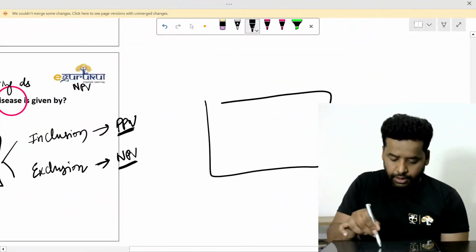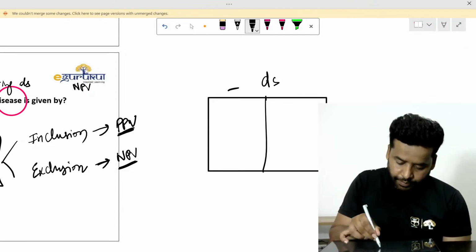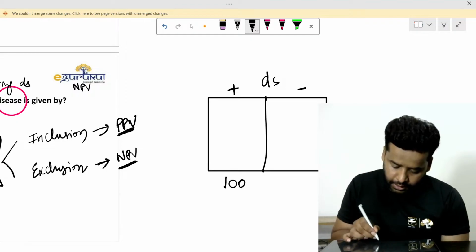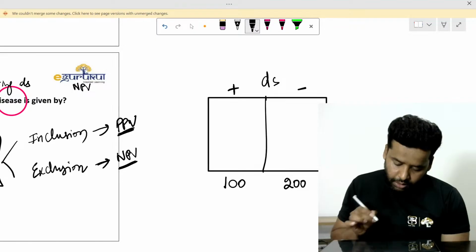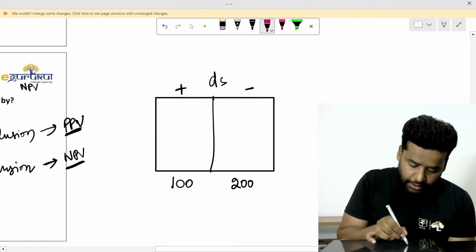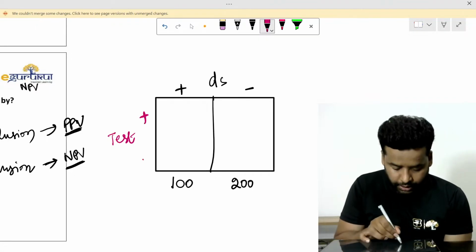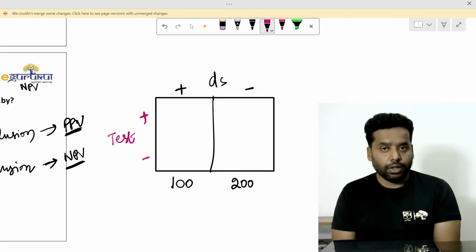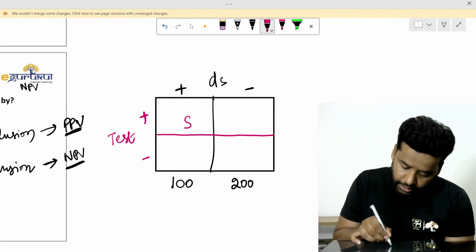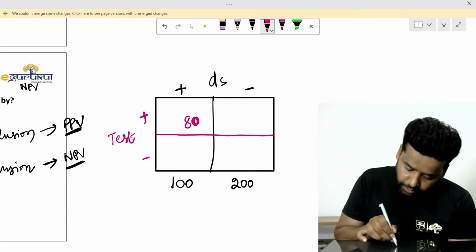Just the basic thing: in a table with disease present and absent, 100 diseased and 200 normal according to the gold standard test. How much will your test detect? Test detected, not detected. Out of 100, 80 are detected. These are true positives of a test.